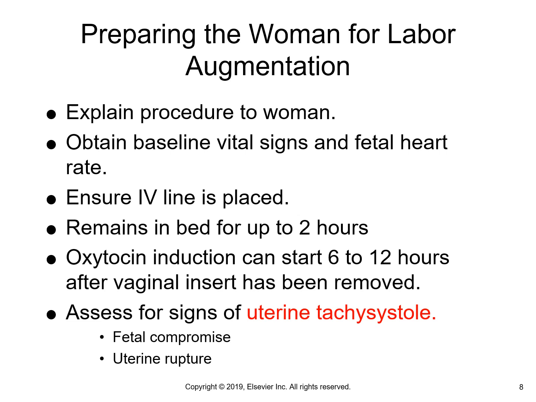So if the contractions are very intense and prolonged, there might be fetal compromise. And also there's a high risk for uterine rupture if the contraction is really, really intense and prolonged.